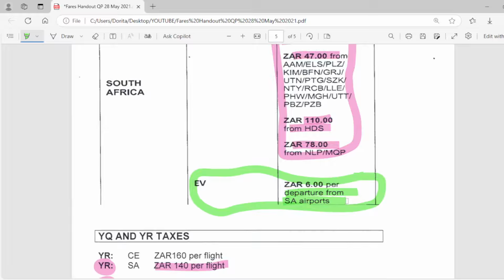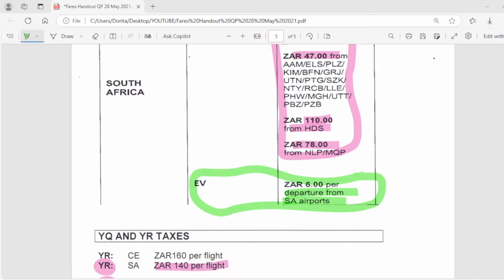So guys, in TSN 4, you will always work with South African airports, so don't stress about knowing which ones might be international or non-domestic cities. You will always use South African airports, but note that it is only from departure cities. So you're going to charge 6 Rand per departure city.